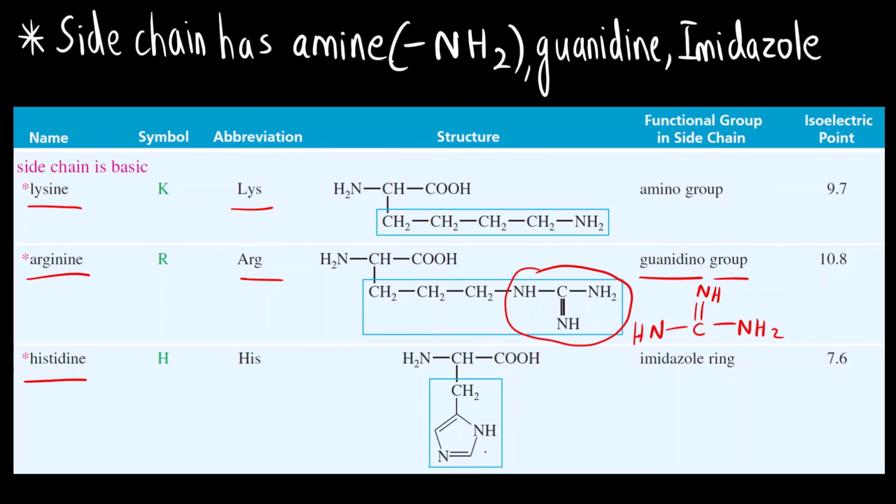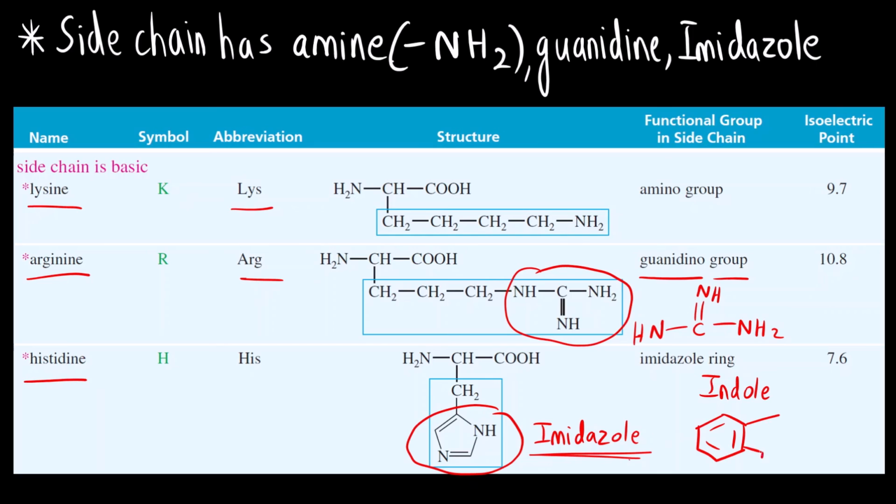And last is histidine. Histidine has this ring, which is called an imidazole ring. You have to be very careful: this is imidazole, and you don't have to get confused with indole. Indole is this benzene ring and then two rings here. You can remember it like this: indole, the name is short, only 6 letters, but the structure is big.